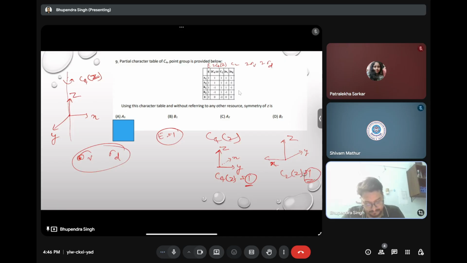Consider this yz or xz plane. You will get 1 only.